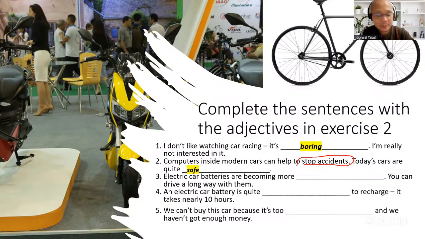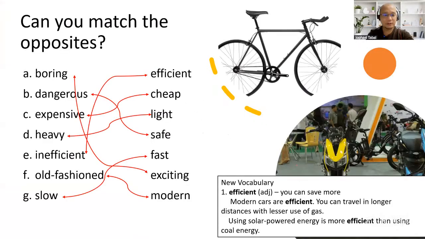How about number 3? What's your answer? More eco-friendly. So electric car batteries are becoming more... Why eco-friendly? We don't study eco-friendly, do we? No. You should choose the answer from these, okay?